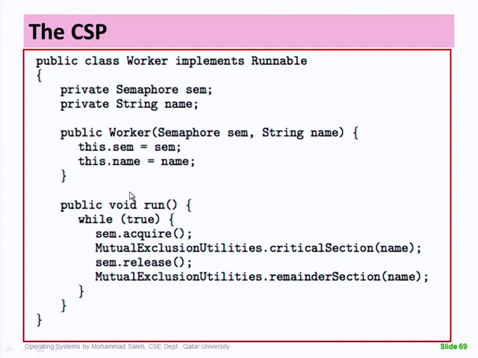Correct? Now, simply before the critical section code, we call sem.acquire, and after, we call sem.release. That's all.